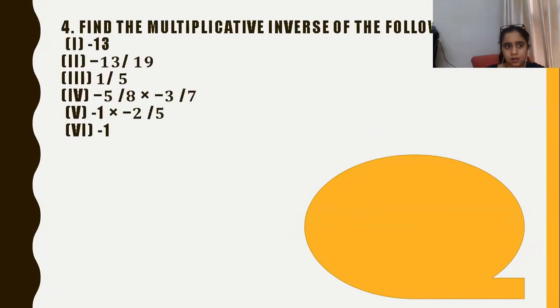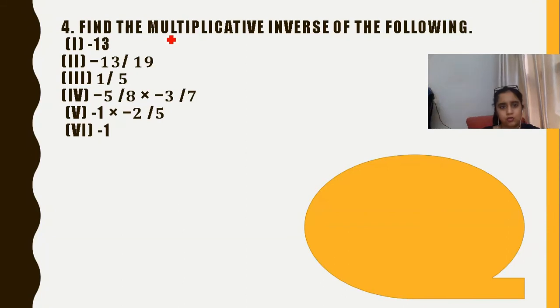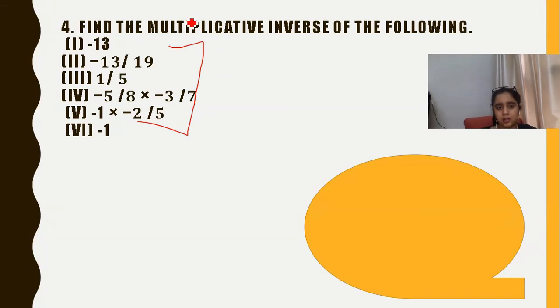Now we will do question number 4, and in this question we have to find the multiplicative inverse of the following. These are the questions. They have given me 6 parts in total, and in all these parts we have to find the multiplicative inverse.